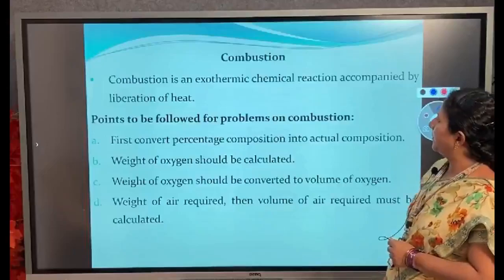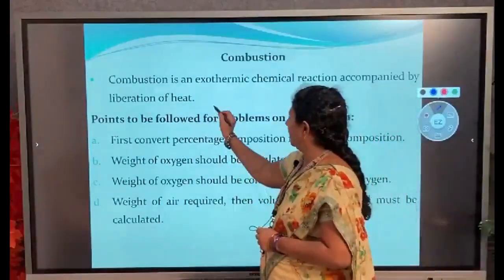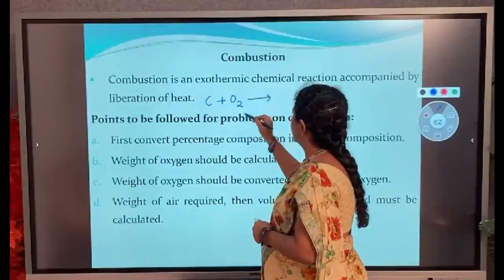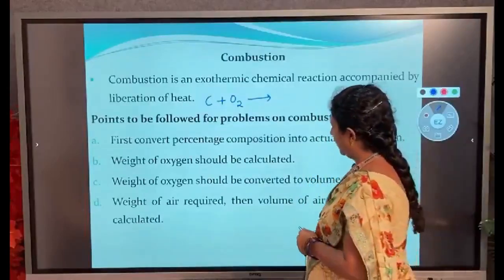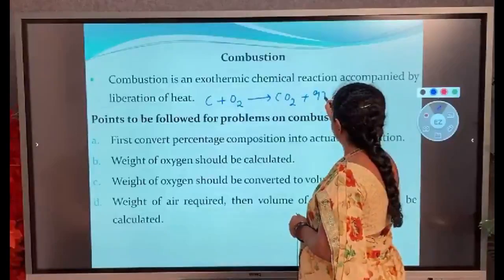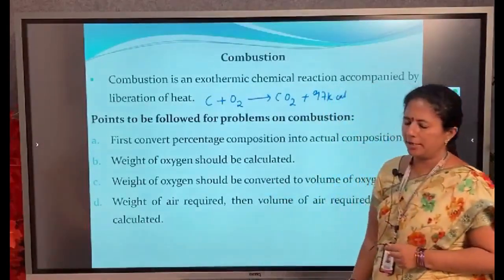So, as we have said, combustion is an exothermic reaction accompanied by liberation of heat. Carbon on burning in presence of oxygen gives rise to carbon dioxide, and 97 kilocalories of heat will be released.